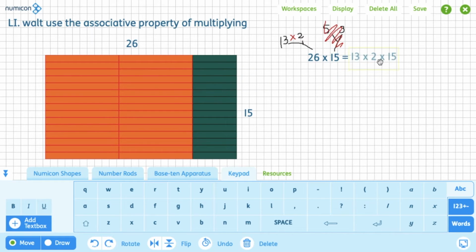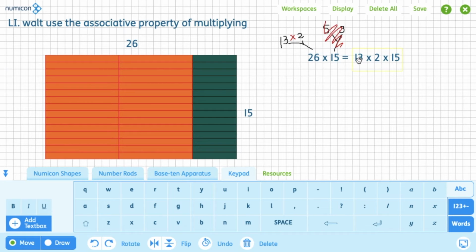Okay, so 26 times 15 is also equal to 13 times 2 times 15 because 26 is equal to 13 times 2. So we can just sub 26 out for 2 of its factors as long as we're multiplying them together. Now, the associative property of multiplying says that it doesn't matter which order you do these in.